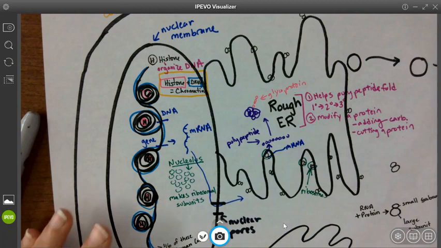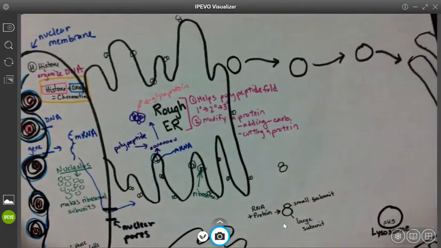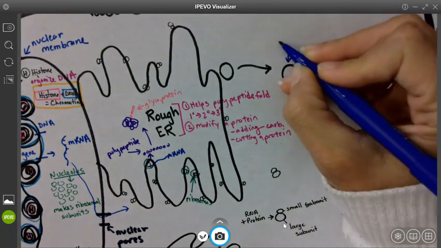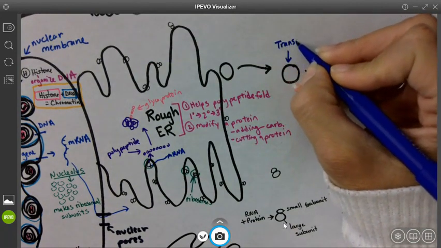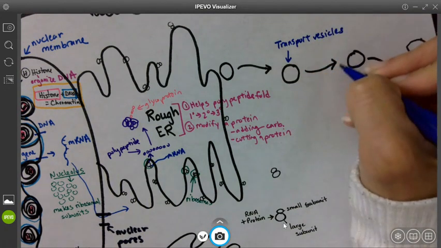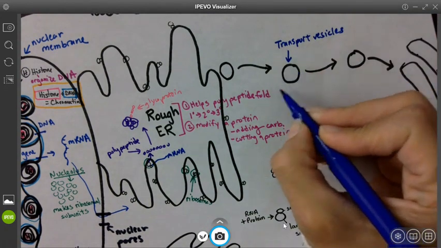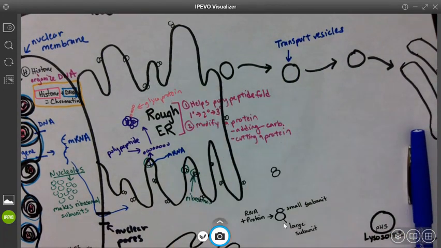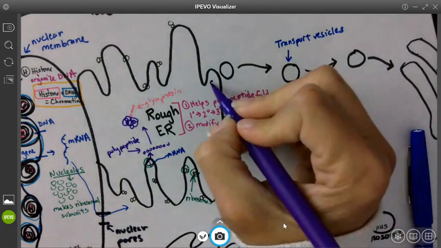This protein can then be transported to the Golgi. One way it can be transported to the Golgi is by using these transport vesicles. Transport vesicles are also made up of phospholipids. So this protein can be made in the rough ER.